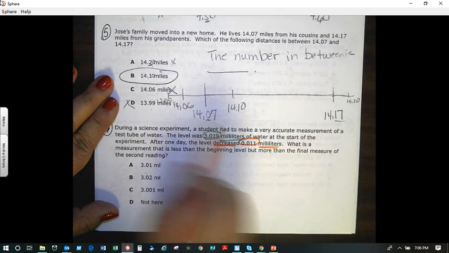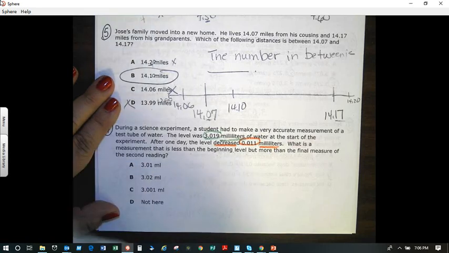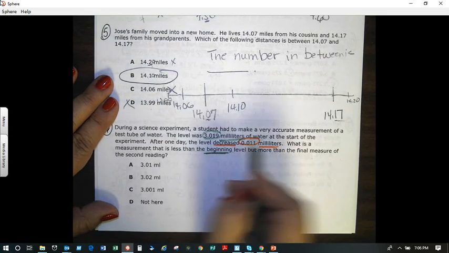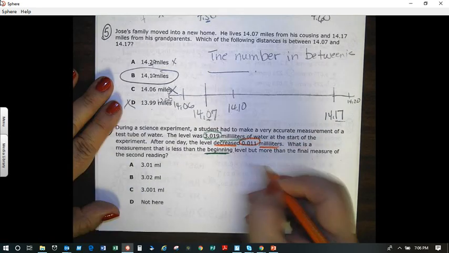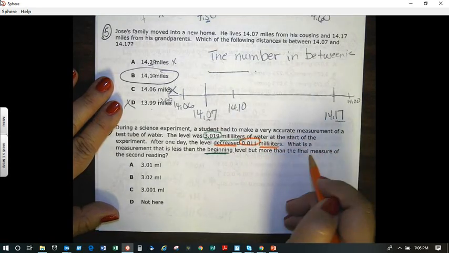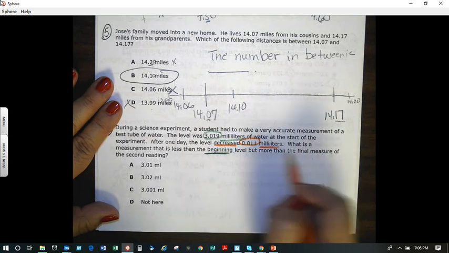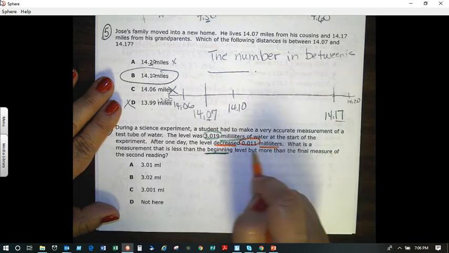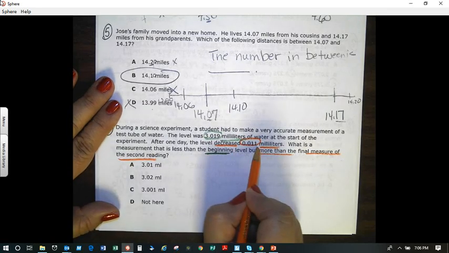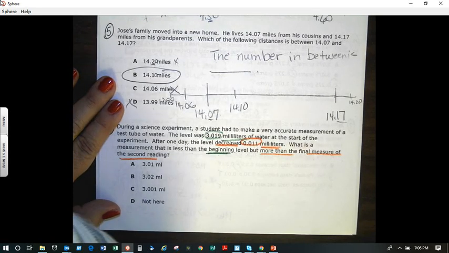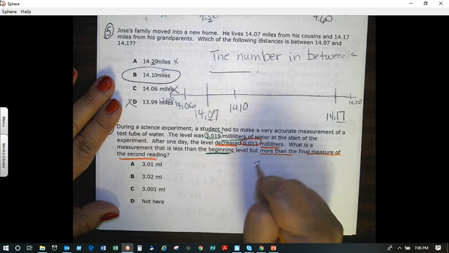So we have to do the beginning. I'm going to do it in green because that's what I did. And then the ending, but more than the final measurement. But it decreased by this. So what will we need to do? Now you've learned this already when you were adding and subtracting decimals.